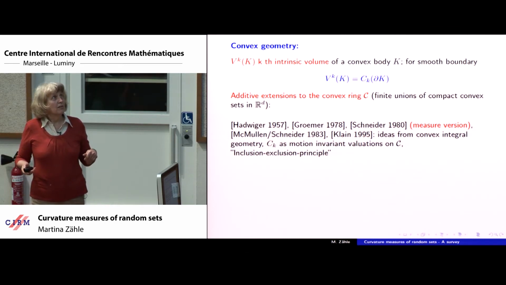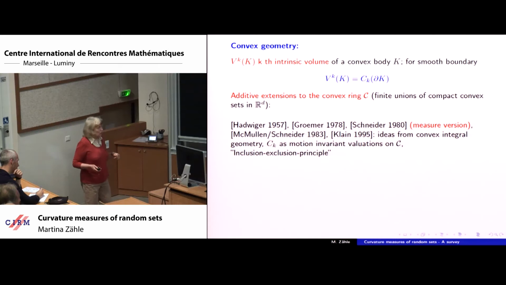Now I would like to recall the so-called intrinsic volumes of convex bodies. If K is a full-dimensional compact convex set, then the k-th order intrinsic volume V_k agrees with C_k of the whole body.